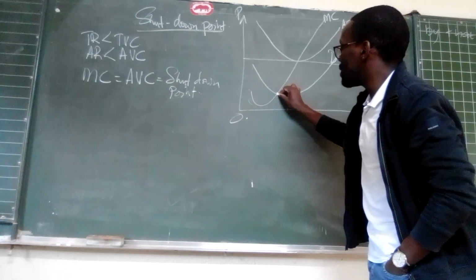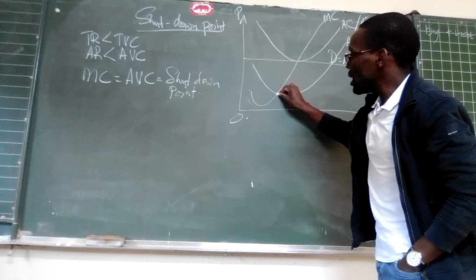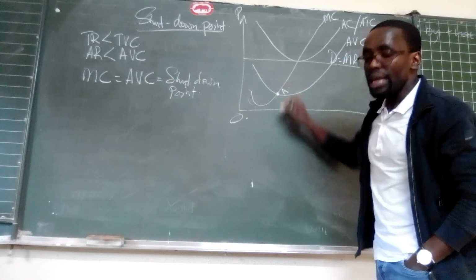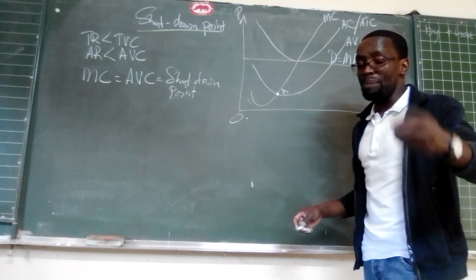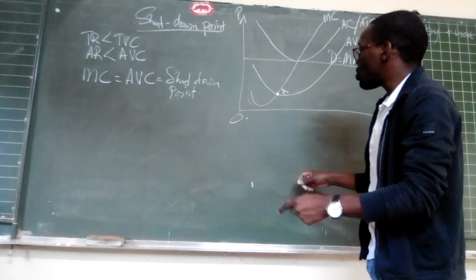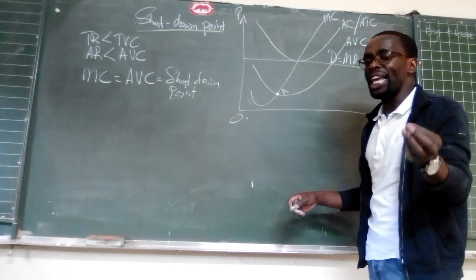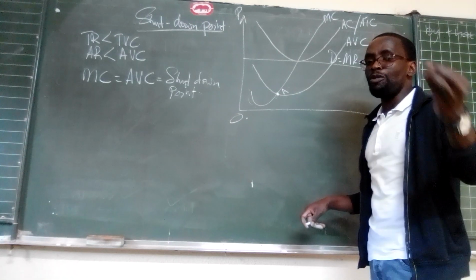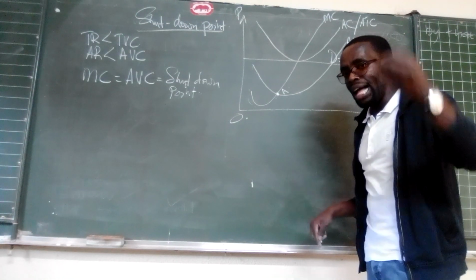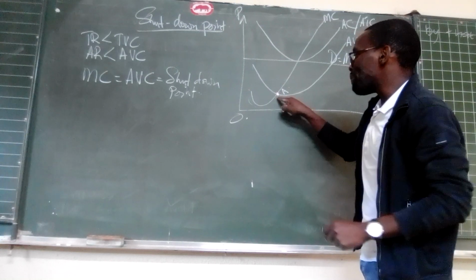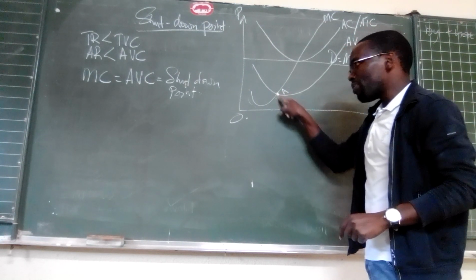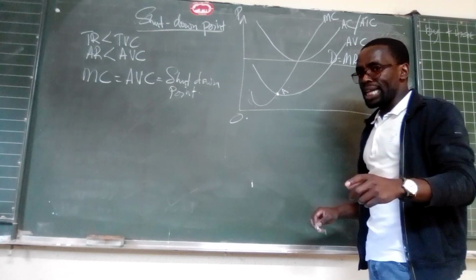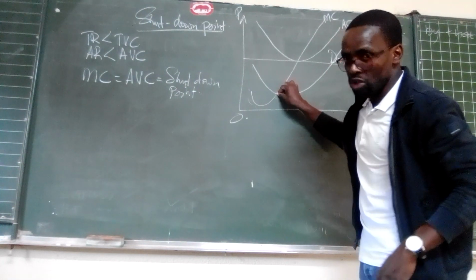If the business is selling their products at a price that is less than this point, it doesn't make any economic sense for the business to continue operating, because the amount of revenue that they are going to be earning, if it lies lower than this point here, then it means the firm is supposed to consider shutting down. Only when the amount of revenue lies lower than this point that I've indicated A, then the firm should consider shutting down. So this is the point that we call the shutdown point.